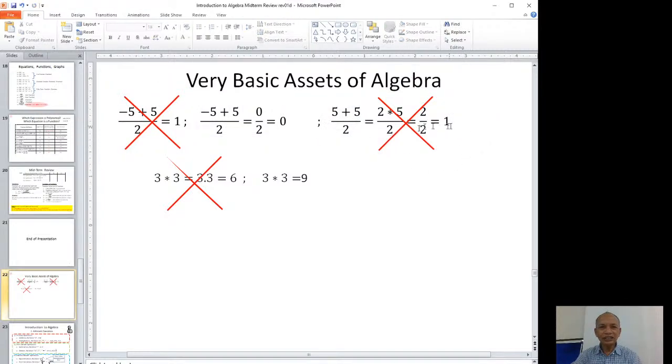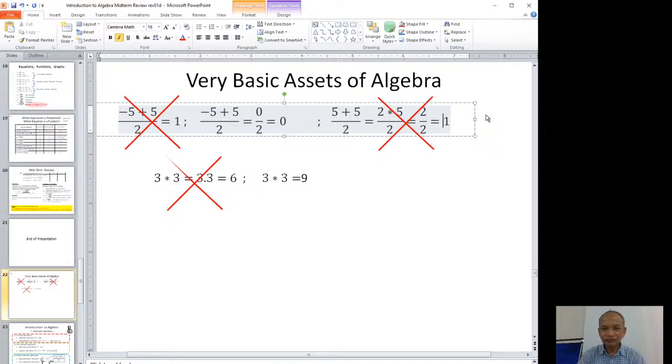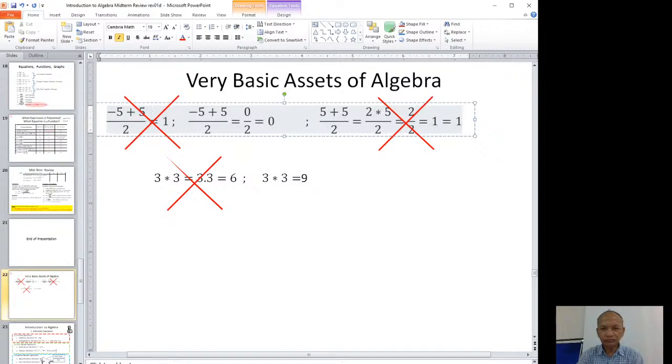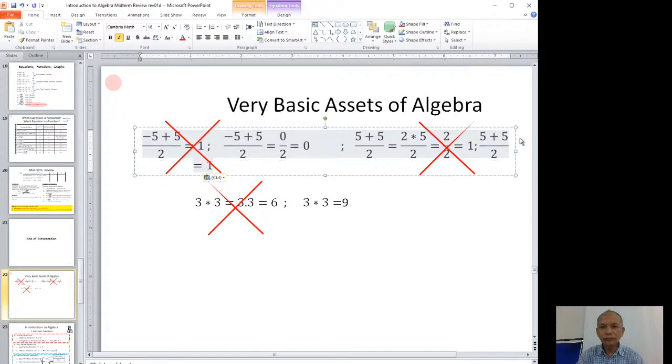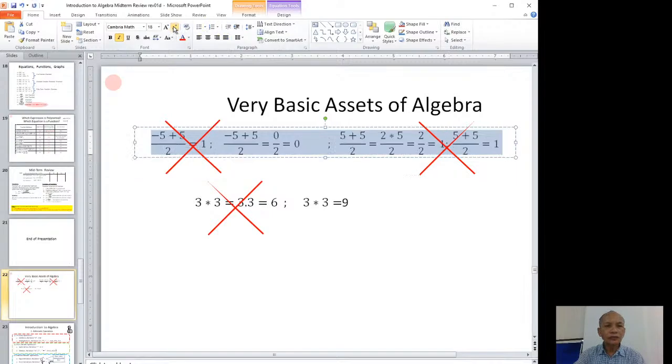It should be like this instead. It should be 2 over 2.